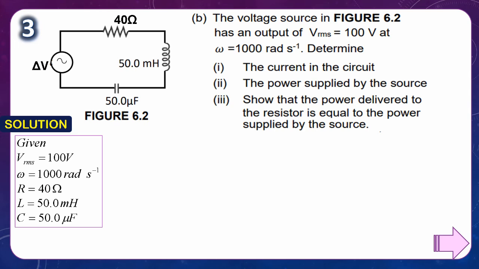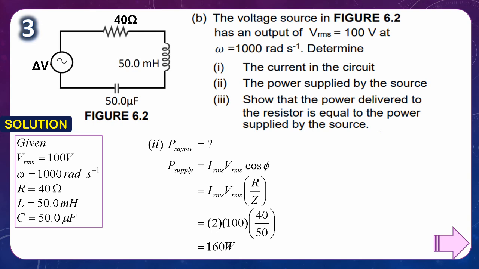For question number 3b2, we need to calculate the power supplied by the source. For the power supplied, we will use the equation that relates to the average power or real power, which is equal to IRMS, VRMS, and cos phi.